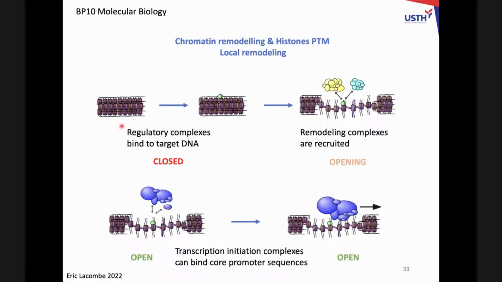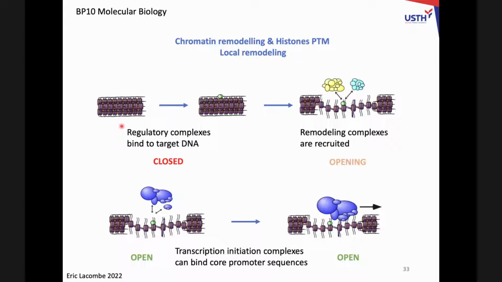Yesterday we talked about this local remodeling of chromatin, and one of you asked me a question. Let's start from the context. Imagine that we are in a place of the genome where the chromatin is extremely compact, and the cell needs to activate one gene which is inside this compacted chromatin.